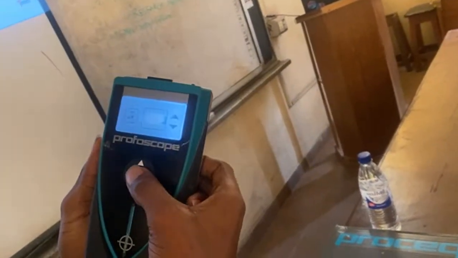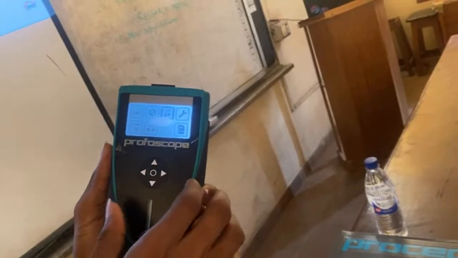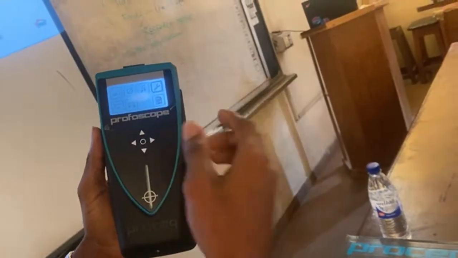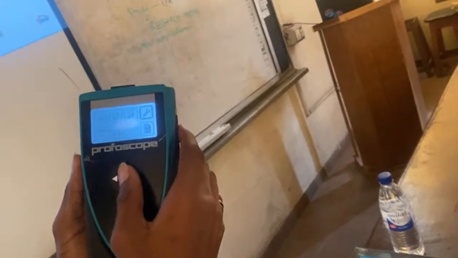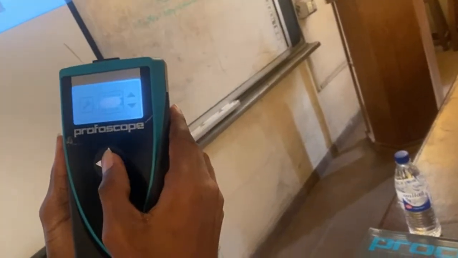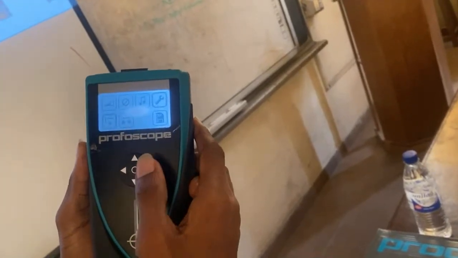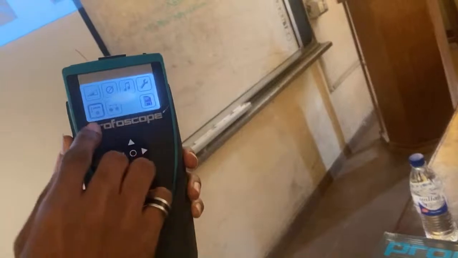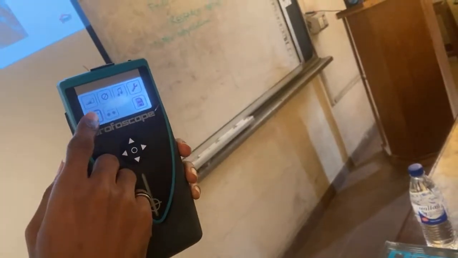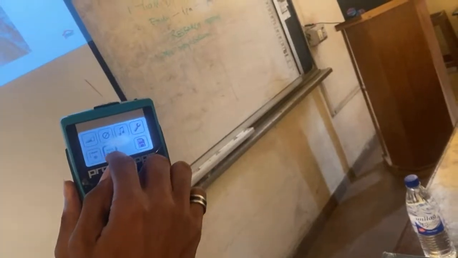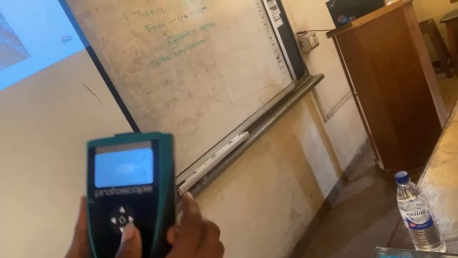I will show you the function of that one when you reach where the rebar detector is. Then this is just a setting here: metric, yes, metric. And this is the concrete cover settings here. Then the other one is for distance between the rebars.